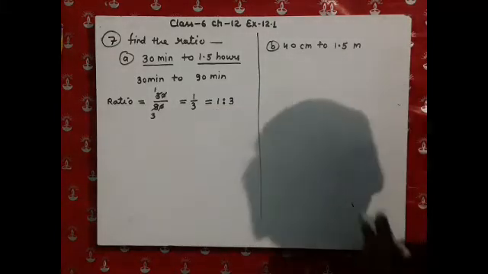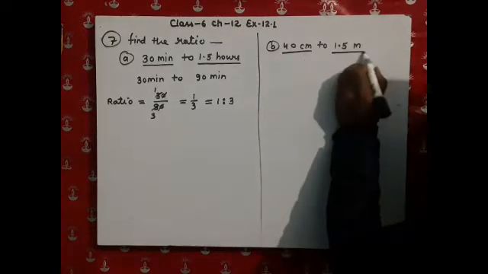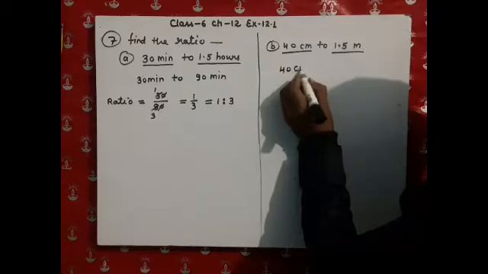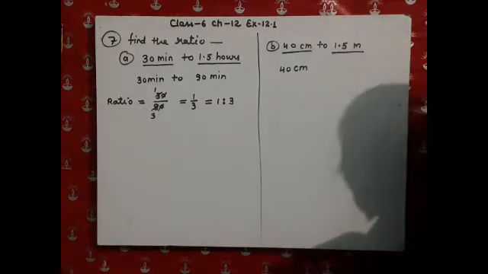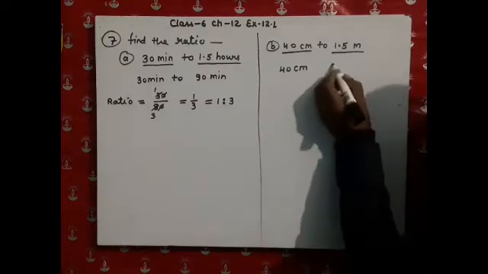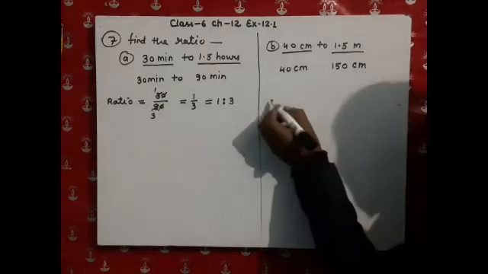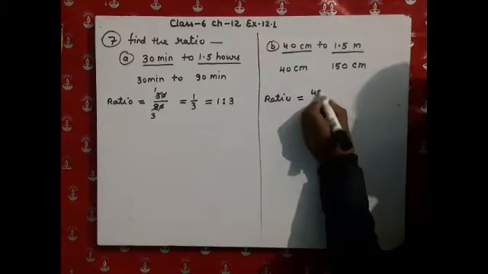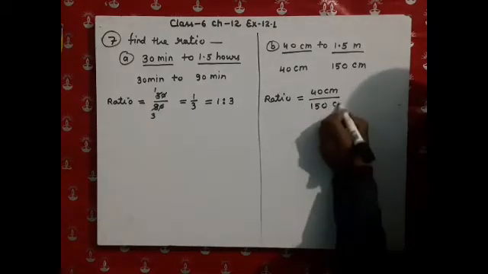Now going to the B part. Here in the B part it is given 40 centimeter and here 1.5 meter. So what we have to do? Here we will write centimeter and also we have to convert this into centimeter. 1 meter is equal to 100 centimeter. 0.5 means 50. So it becomes 150 centimeter. Now we have to find the ratio. Here ratio becomes 40 centimeter upon 150 centimeter.